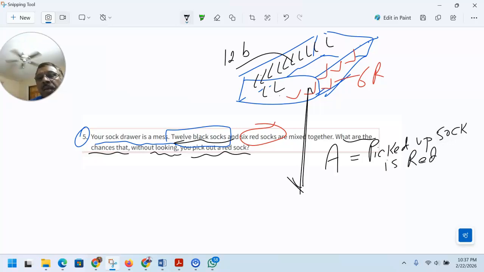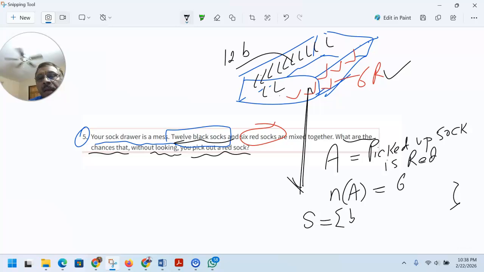The number of favorable outcomes to pick a red sock is 6, since there are 6 red. And if S is the sample space, which is all the socks, black, black, black, and then red, red, red, like this. There are 12 of them, so n of S is 12.